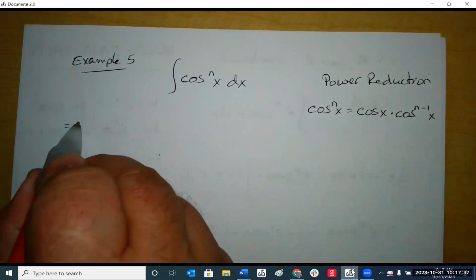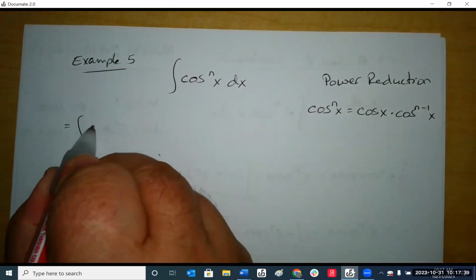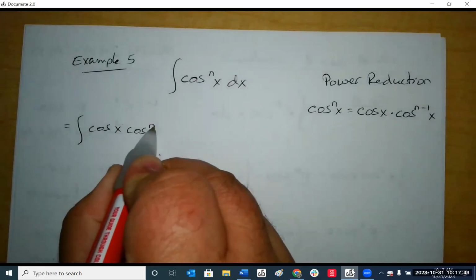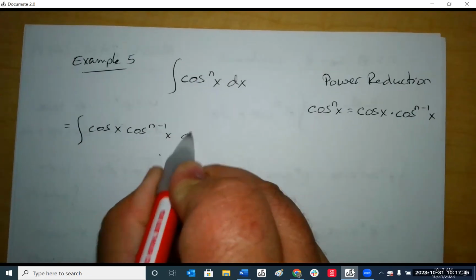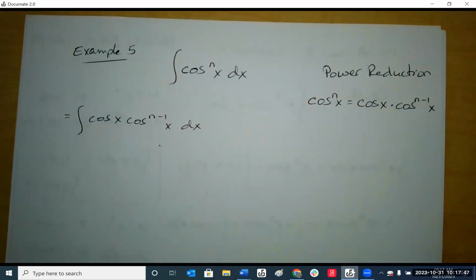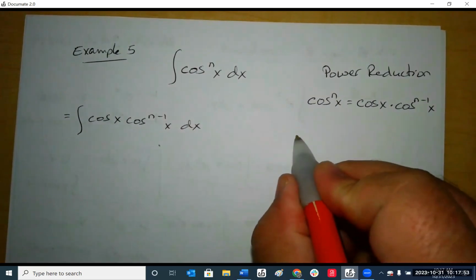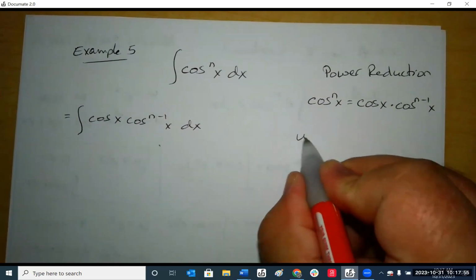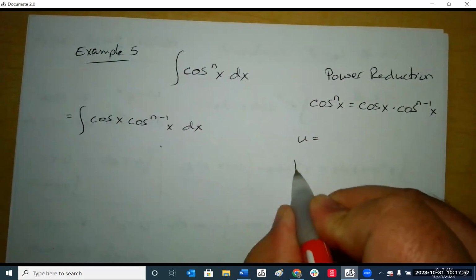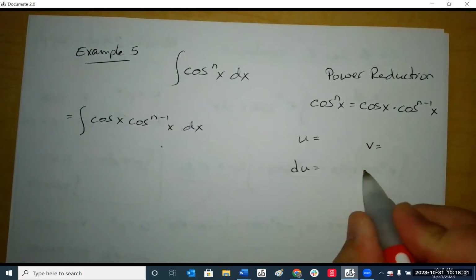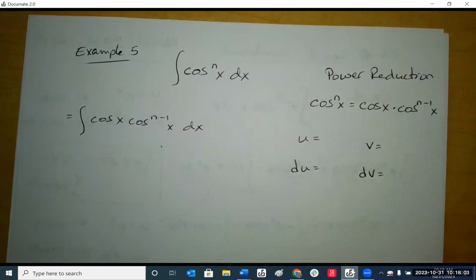So this becomes the integral of cosine x cosine n minus 1 x dx. Since it was a product, we have to look at integration by parts. So we have to figure out the u, the v, the u prime, and the v prime parts.